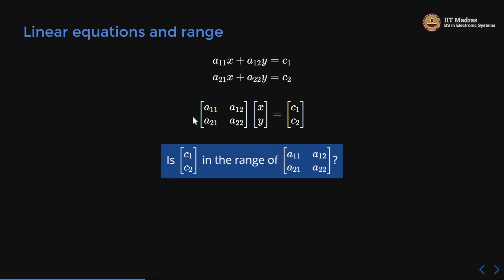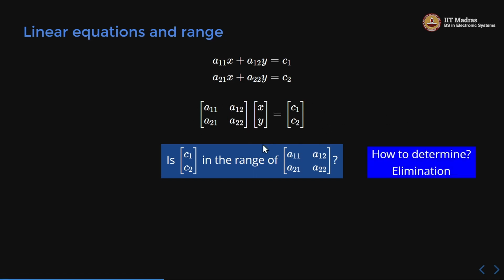To solve this, you need to be able to answer: is (c1, c2) in the range of this matrix? If it is in the range, then you have a solution. If (c1, c2) is not in the range, you will not have a solution. So that's how range enters the picture of being able to solve linear equations.